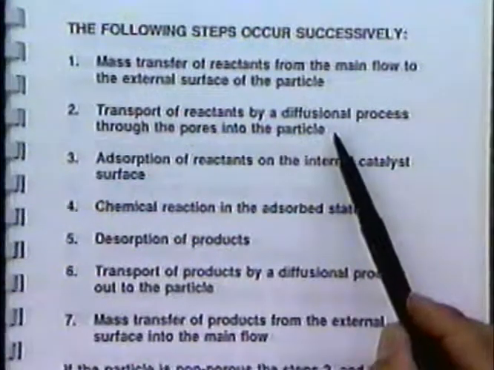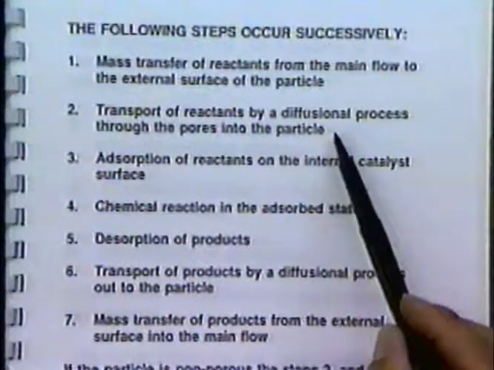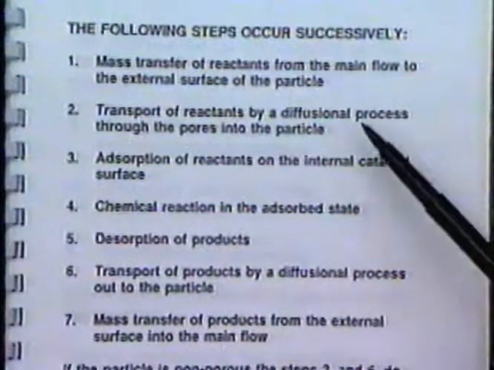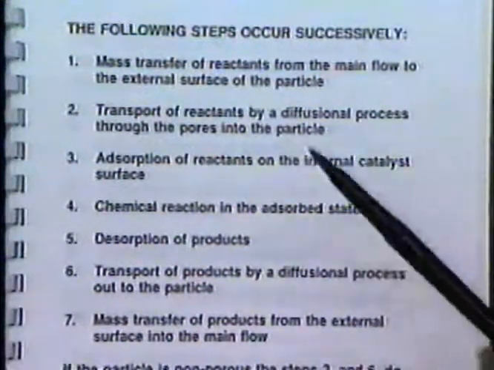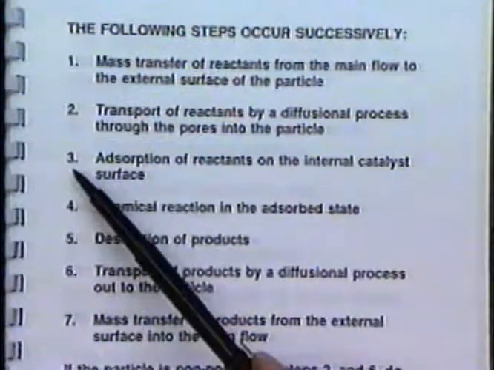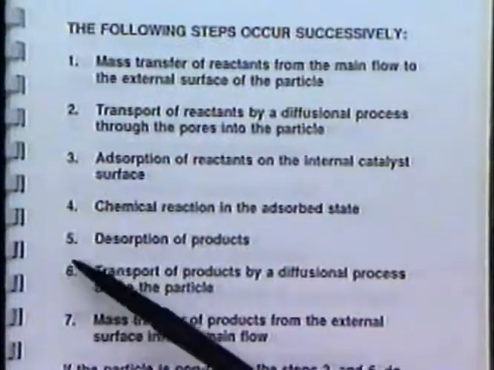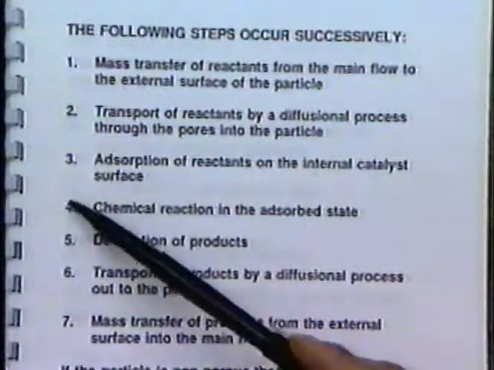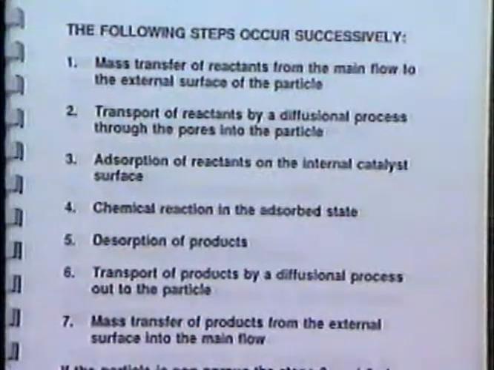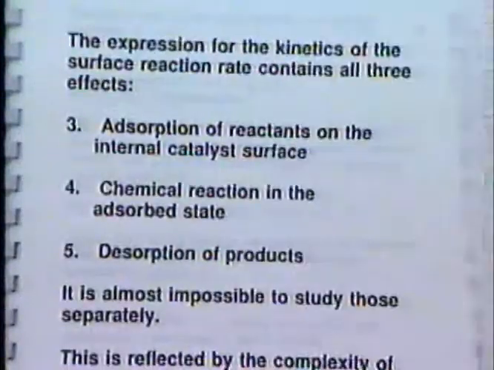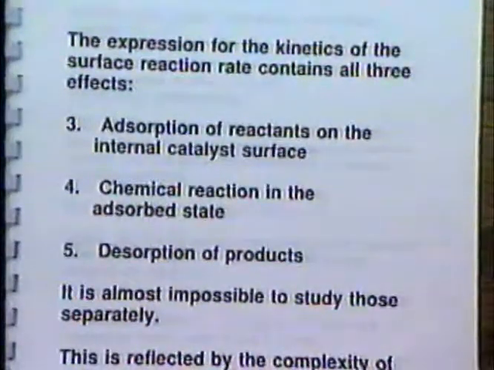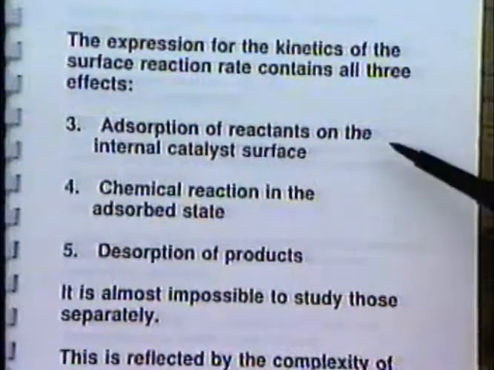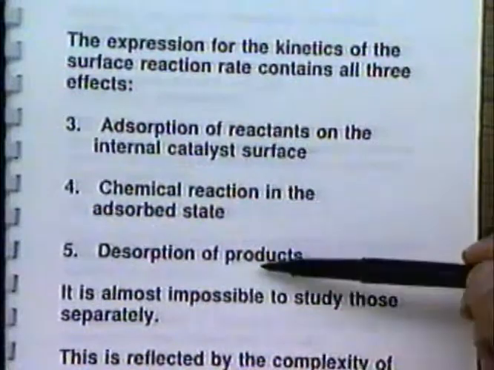We have our gas molecule next to the surface of the catalyst, and three more steps have to take place, namely adsorption of reactants on the internal surface, chemical reaction, and desorption of products. Now, usually all these three steps cannot be analyzed independently, and the expression for the kinetics for the surface reaction contains all these three steps: adsorption, chemical reaction, and desorption.